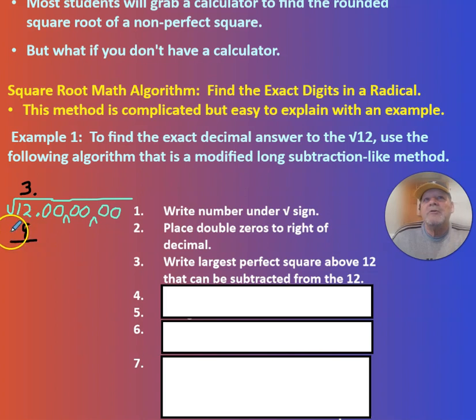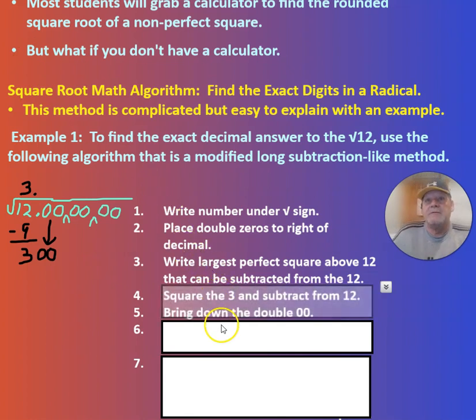This is where it looks a little bit like the division algorithm. 12 minus 9 is 3. Then I bring down my double zeros, and you bring them both down. Here's where there's a little trick to this, and you've got to know how to do this. So now I take this number, 3, and I'm going to double it.